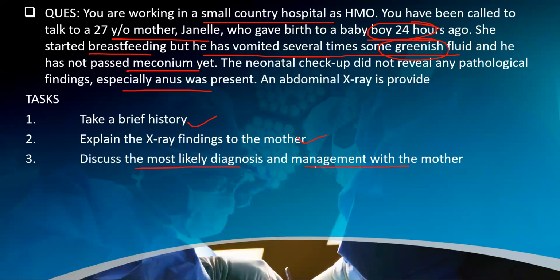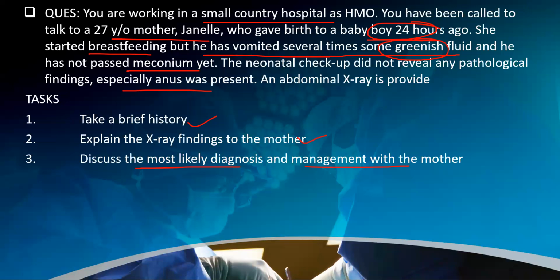Okay, so we have got a 24-hour-old baby and he's having greenish vomiting just after breastfeeding. So this is exactly how duodenal atresia presents in the exam. Why is it not esophageal atresia? Guys, just by looking at this question, you can say that it's not esophageal atresia.